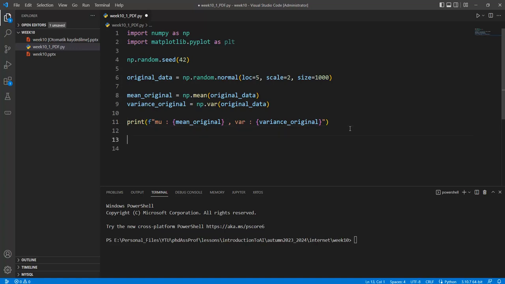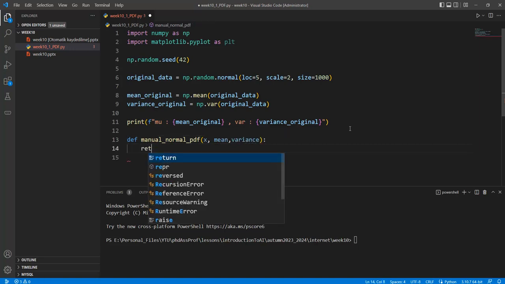So how can we derive the manual normal PDF function in here? We should give the x, mean and variance values.